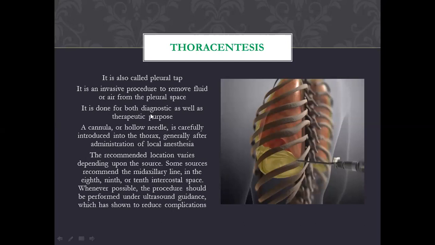It is done for both diagnostic as well as therapeutic purposes, in which a cannula or hollow needle is carefully introduced into the thorax, generally after administration of local anesthesia. The recommended location varies depending upon the source. Some sources recommend the mid-axillary line in the 8th, 9th, or 10th intercostal space where possible. The procedure should be performed under ultrasound guidance.